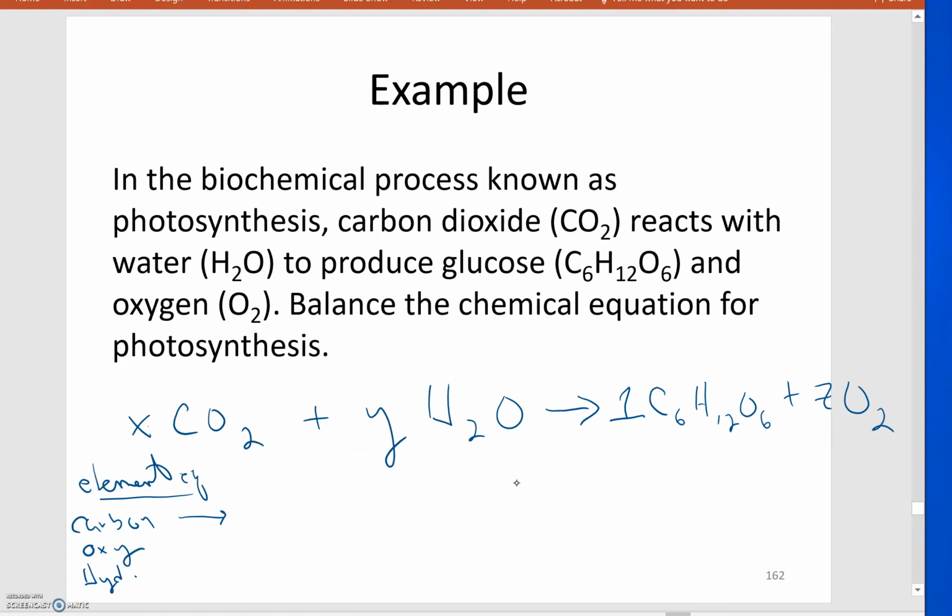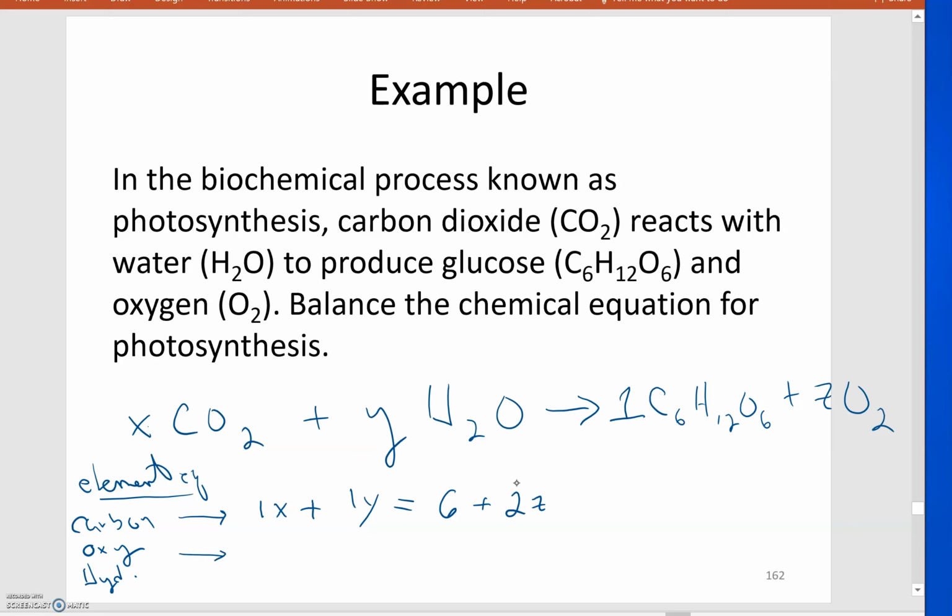Remember, the idea here is how many carbon atoms are contributed by each molecule. So the first one, CO2, has 1 carbon and then X molecules, so that's 1X. Plus, from water we have 1 oxygen times Y molecules of water. And that equals 6 times 1 is 6, and 2 times Z. So there's our carbon equation.